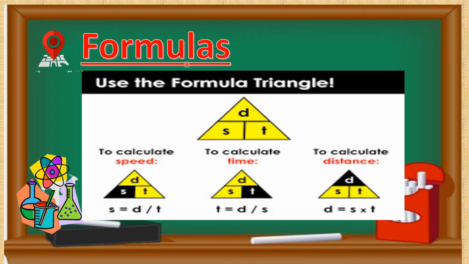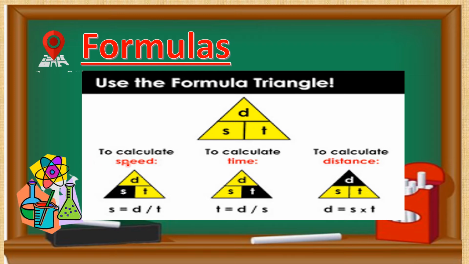So what are the formulas that we're going to use when we need to calculate speed, time, and distance? We use the formula triangle. So this is the formula triangle. S refers to speed, D here refers to distance, and T here refers to time.